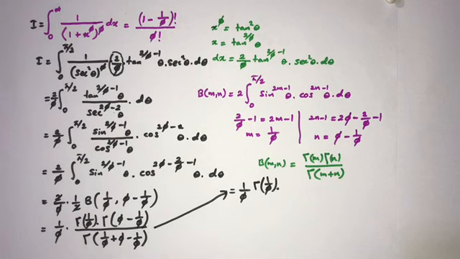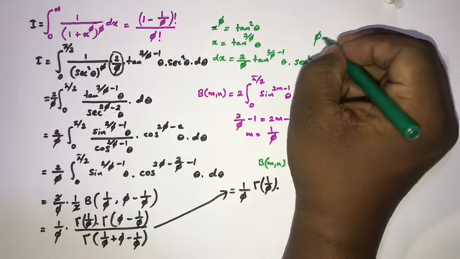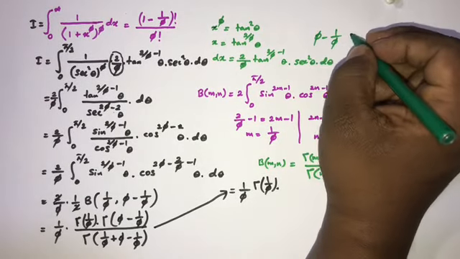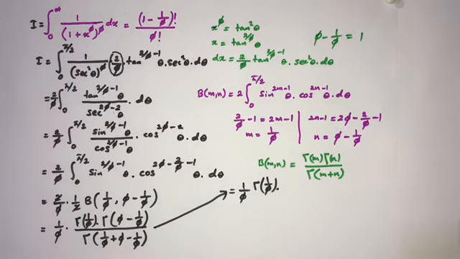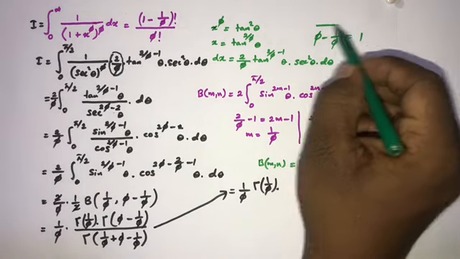So we know this property, 5 minus 1 over 5 plus 1 over 5 is equal to 1. So if you want, you can simplify here.